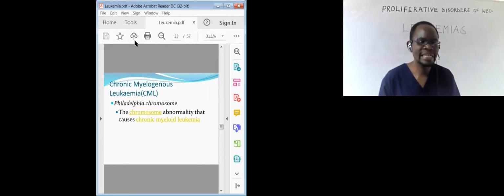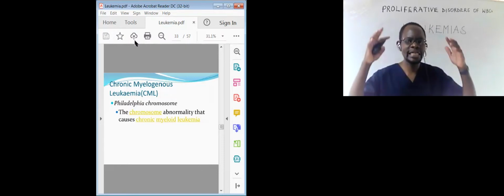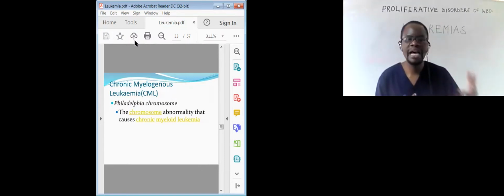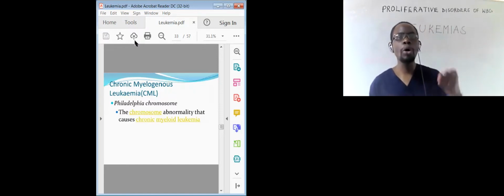So this is basically a chromosome abnormality. An abnormality occurs in the chromosome so that it produces this Philadelphia chromosome. This Philadelphia chromosome is not a normal chromosome.